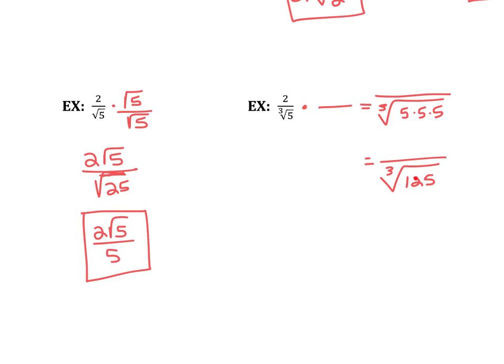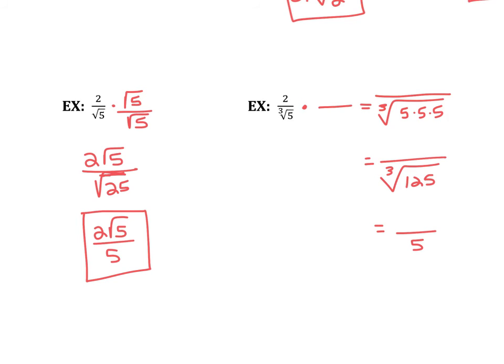And in fact, you may not even go through this step. You might just say, well, the cube root of 3 5s is going to be 5, which is true. If you go through this intermediate step, yes, the cube root of 125 is 5.